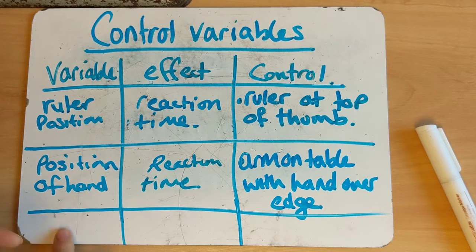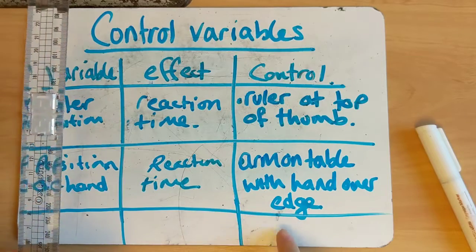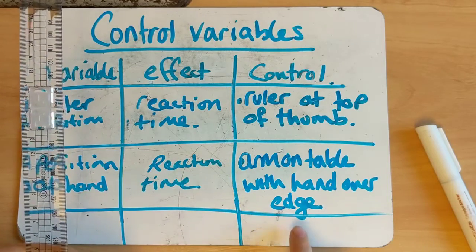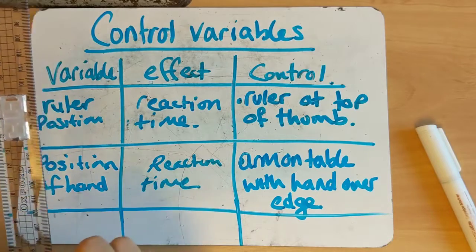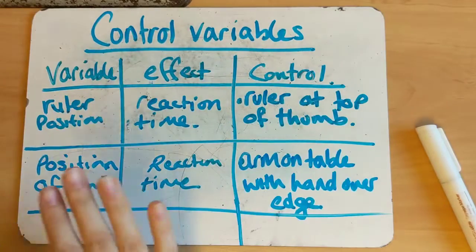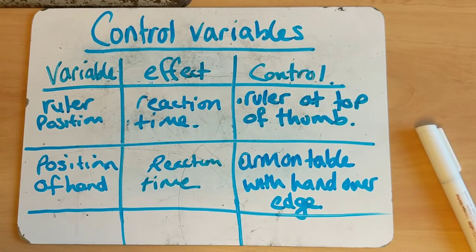So variable is position of ruler catch, effect is going to affect your reaction time, control, you read the ruler from the top of the thumb, okay, not the top of the hand, the top of the thumb. So all of those, you need at least 3 control variables written down in your table.